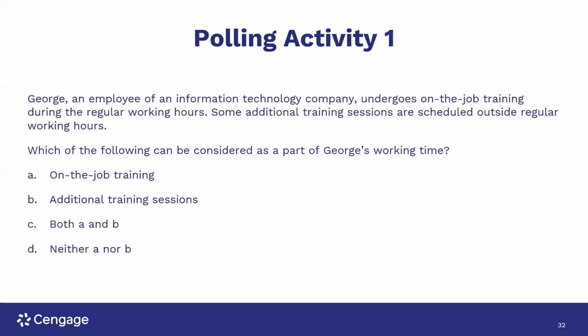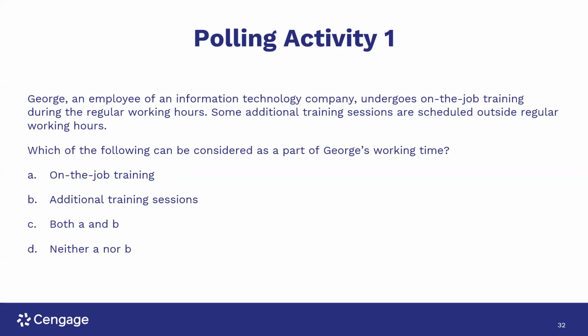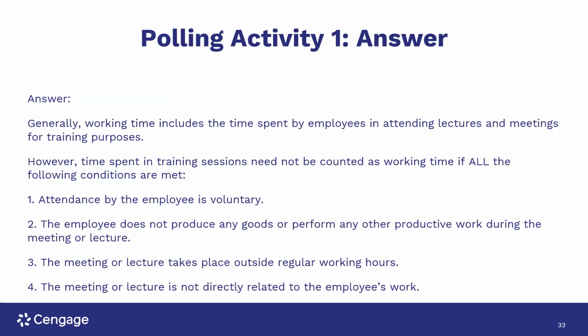Both of these would be, generally, if they're required, additional training sessions. However, if all of these conditions are met, then it is not required that he get paid for them.